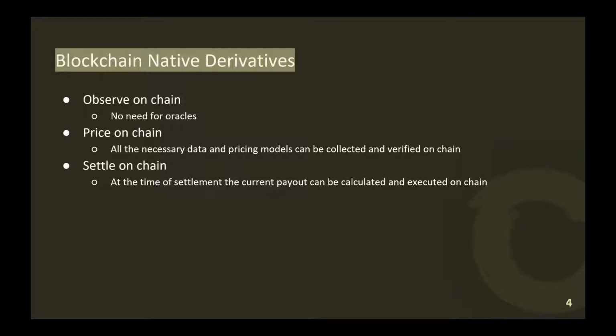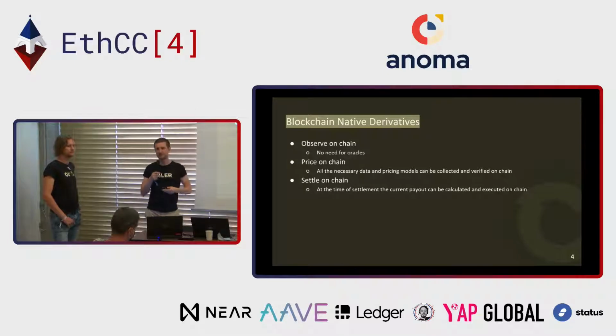And if I go back a few years to when I was switching full-time to the blockchain space, I was taking some notes on the ideas of blockchain native derivatives. I think this is something that could be used as a name by many people for many different things, but I try to define it for myself as something that's observable on-chain when you think about the underlying of a derivative product.